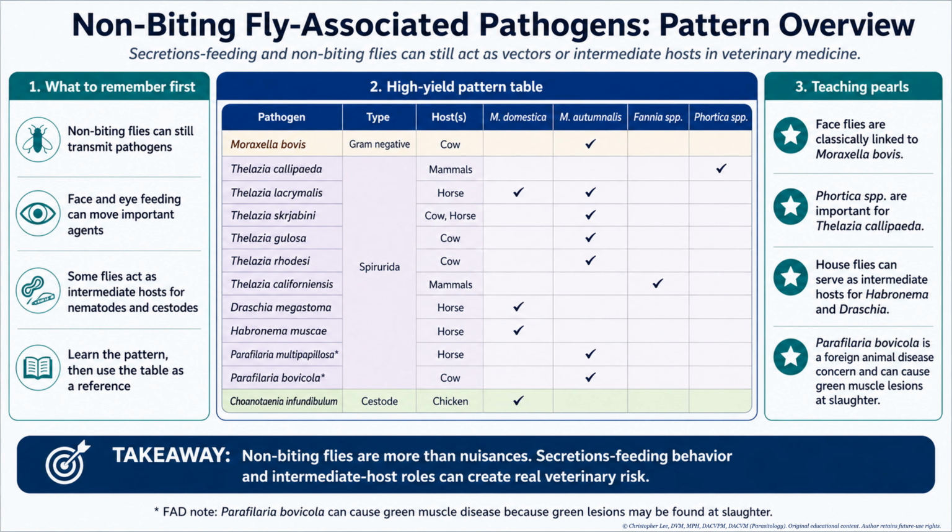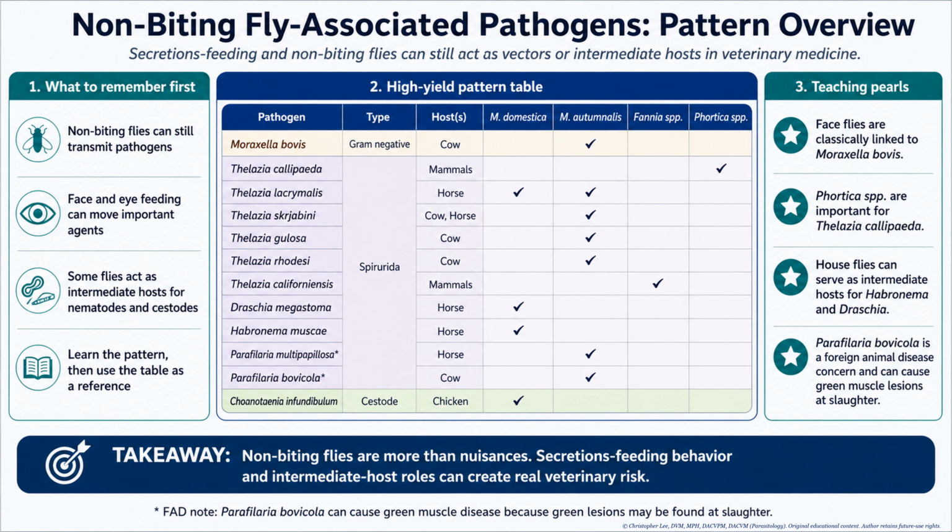Now we switch from blood feeding to secretion feeding and non-biting vectors. This is where we can accidentally make the wrong shortcut. Non-biting does not mean irrelevant. Face flies are classically linked to Moraxella bovis. Some non-biting or secretion-feeding flies can also act as intermediate hosts for nematodes and cestodes.